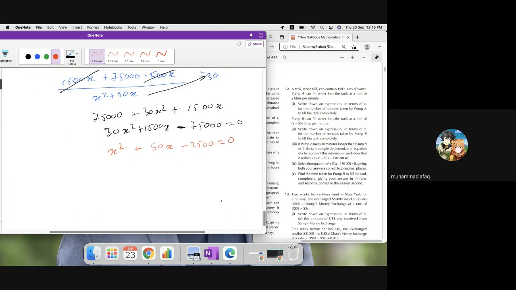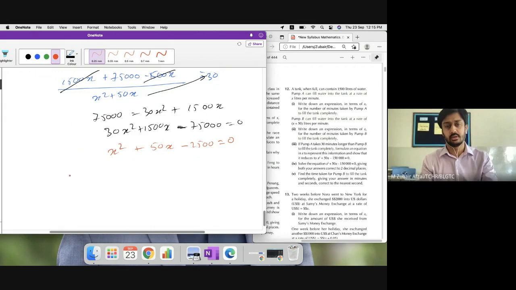Quadratic formula: minus b plus minus square root of b square minus 4ac over 2a.